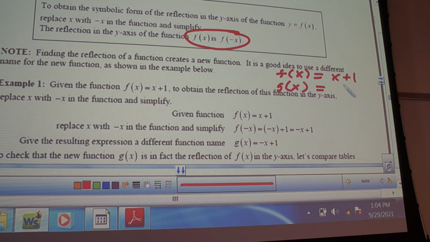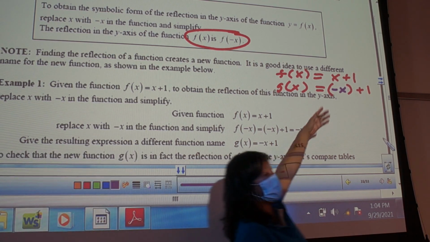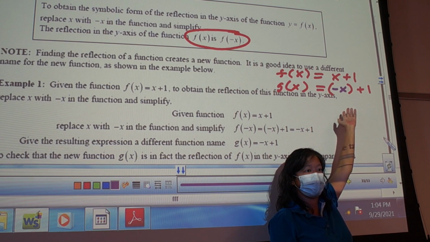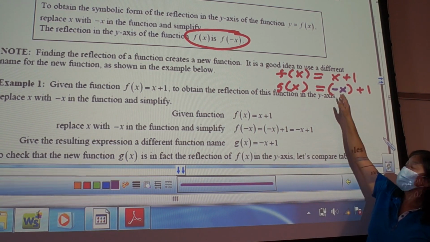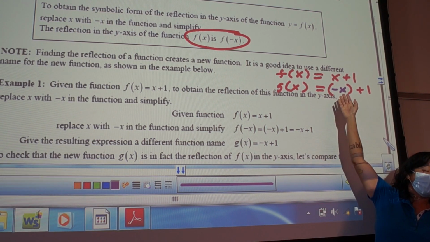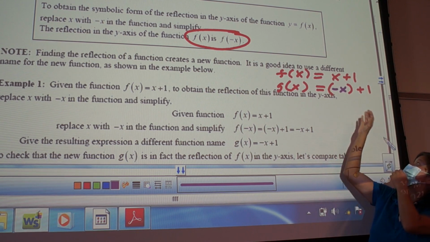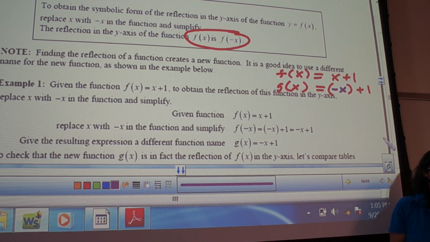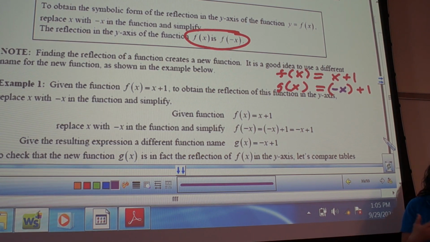So I'm going to rewrite this, and everywhere I see x, I'm going to put a giant parentheses, and instead of x, I'm going to write in negative x. Does that make sense? Because my x becomes negative x. It just changes sign. I'm going to put it inside parentheses that way if it's squared, a negative squared becomes positive.